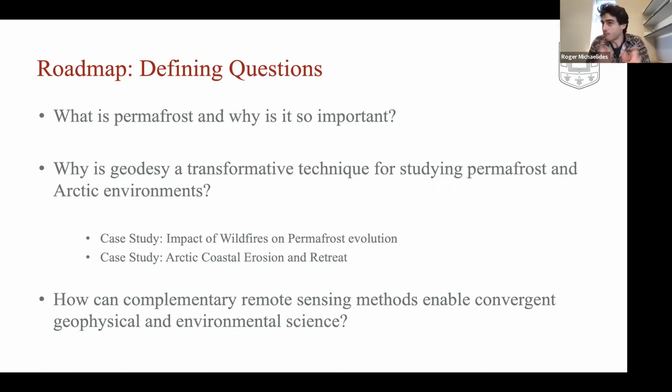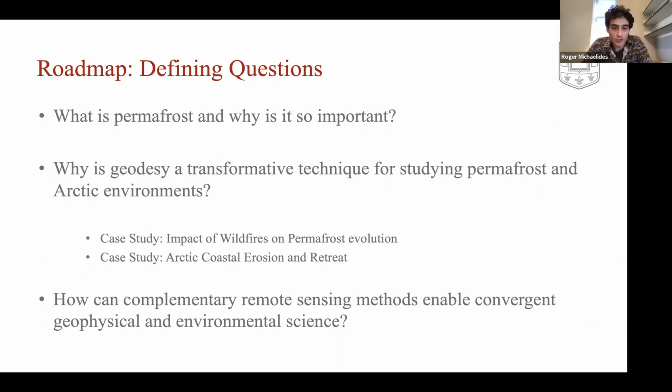This might be an area that some of you don't have as much direct experience with, depending on where in the cryosphere you work day to day. But hopefully I'll make the case that permafrost, or frozen dirt, is a very important and interesting component of the cryosphere. After that, I'll talk about why geodesy is such a transformative technique for studying permafrost and Arctic environments more broadly.